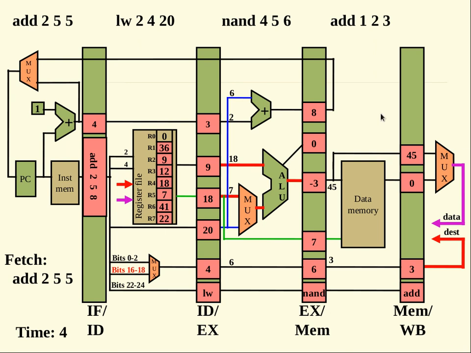Let's say this was the branch right here and it says you need to take this over here. What about these 3 instructions? They need to be erased. So that is called a control hazard, because your control path is not correct. Data hazard and control hazard are the 2 things.